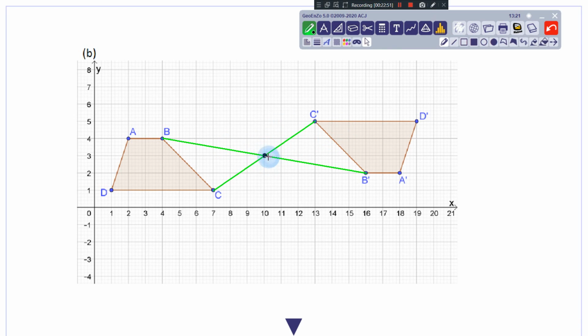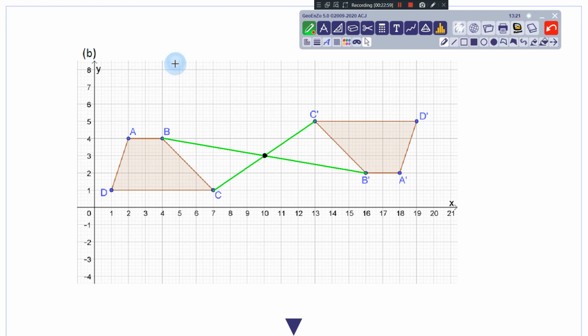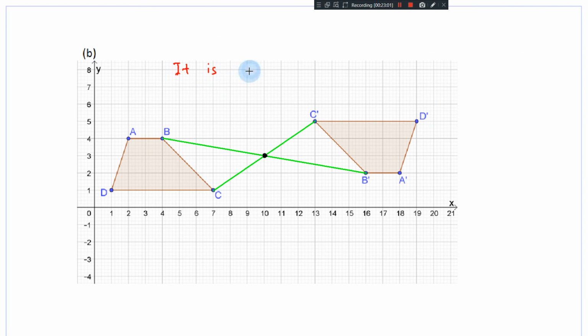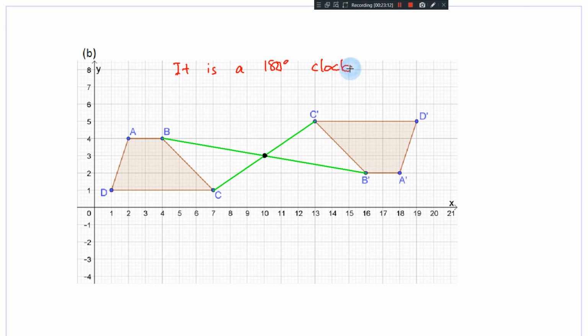So now we know the center of rotation and we know the angle, then we can start to describe this rotation. So it is a 180 degree. Since this is 180 degree, you can say clockwise or anti-clockwise, the same thing. Okay, clockwise.